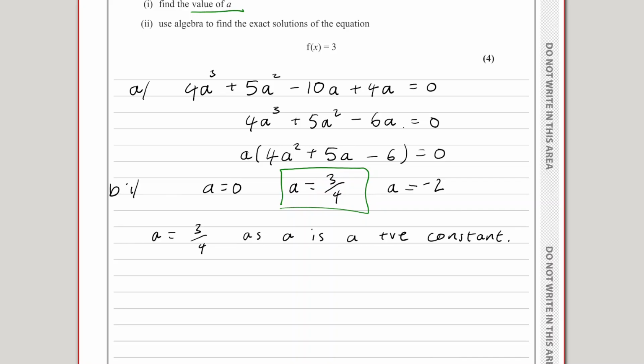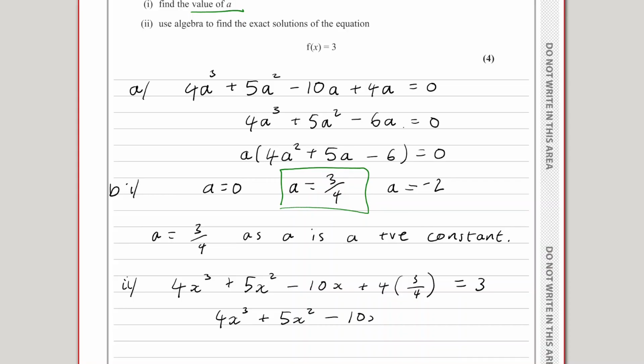So we've got 4x cubed plus 5x squared minus 10x plus 4 times 3/4. That's f of x, and it's equal to 3. 3/4 of 4 is 3 as well. So we've got 4x cubed plus 5x squared minus 10x plus 3 equals 3.